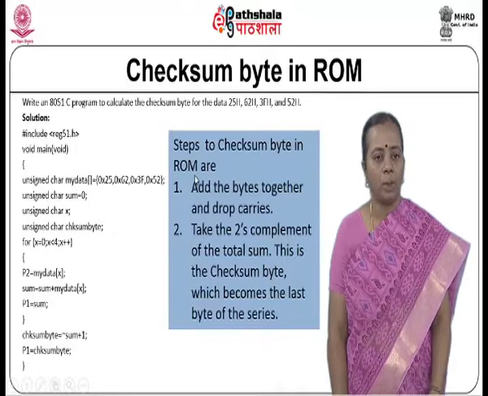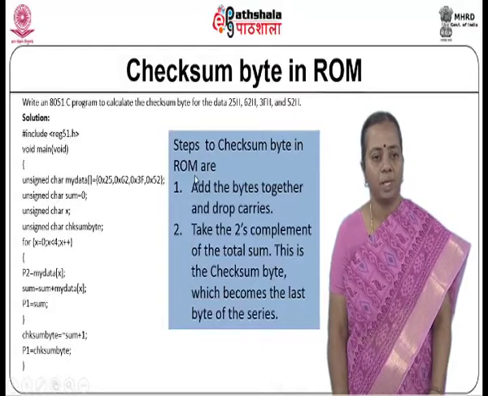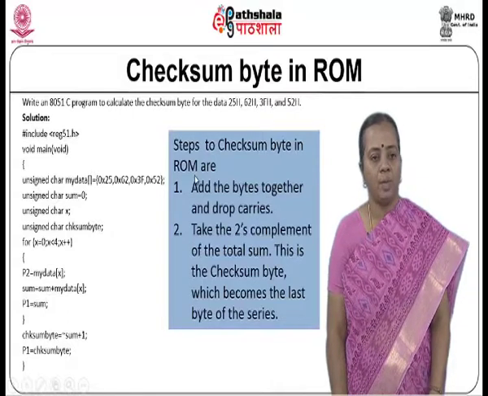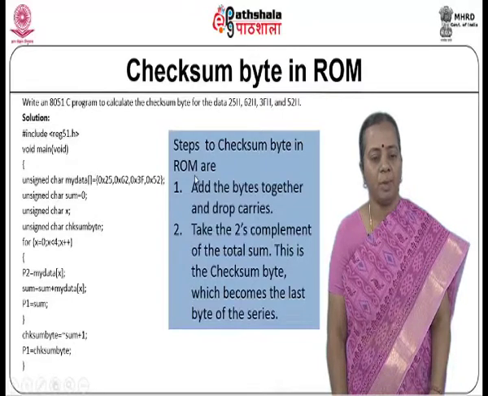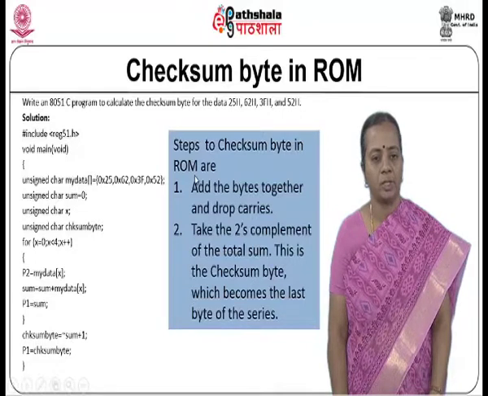Now, the program gives you that 25H, 62H, 3FH and 52H are the input data set. So, now I made it my data unsigned character array, where I have inserted 0x25, 0x62, 0x3f and 0x52. So, all the 4 input data is pushed towards my character array my data.